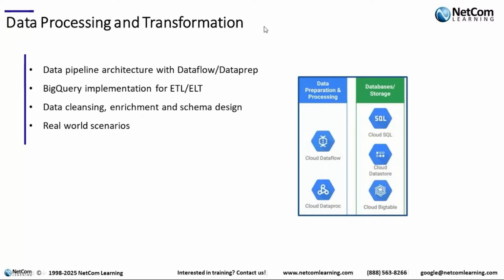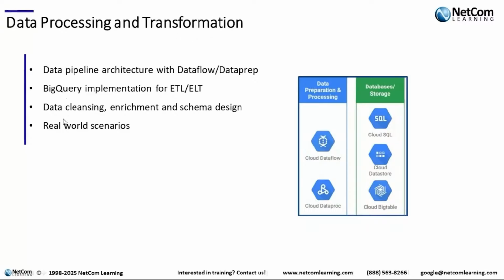analytics tasks. So what we have seen overall is that there are tools and services which allow data processing and transformation, like Dataflow, Dataprep, and BigQuery as 3 examples. And on these tools, what kind of tasks are performed to permit data processing and transformation?